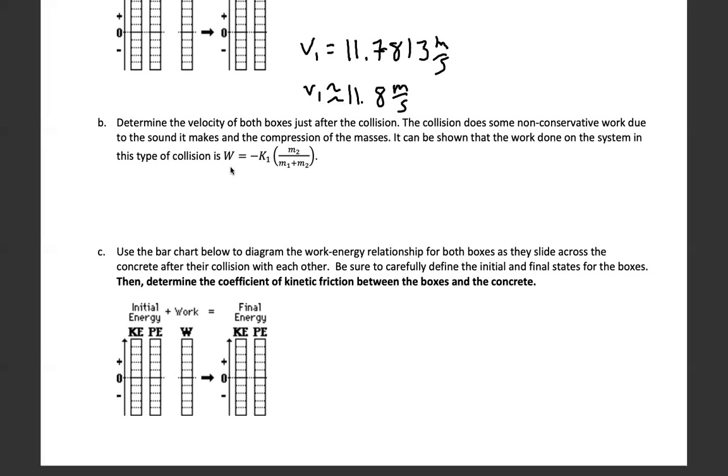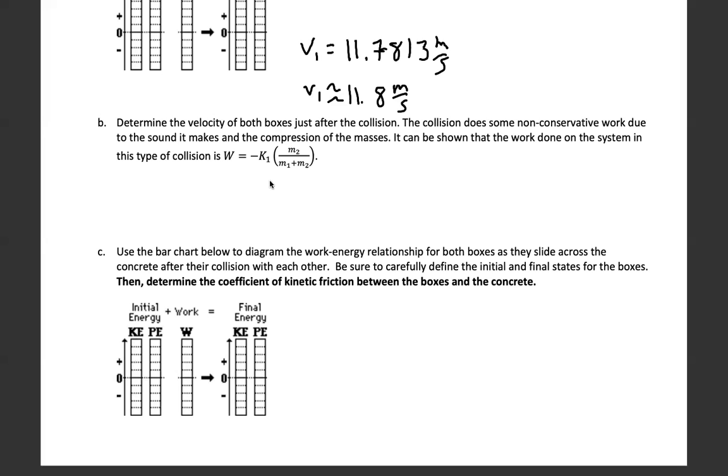What we're saying is that that collision is going to take some kinetic energy, or some mechanical energy really, out of the system, right? And that's what this negative is here. Also, what we're saying is that the bigger that second mass is, the more work is going to be done, the more energy is going to come out of that system. And hopefully that makes some sense, right?